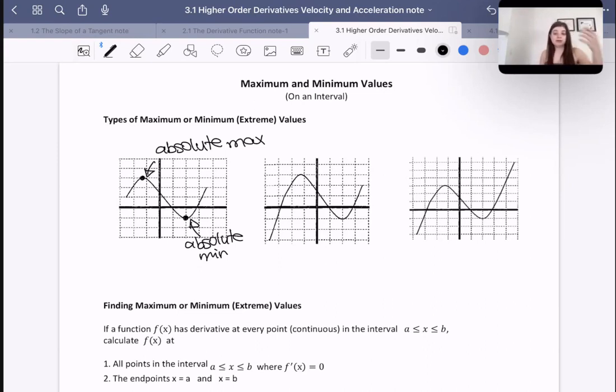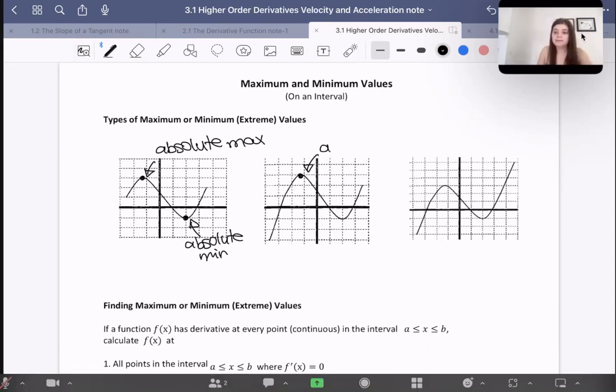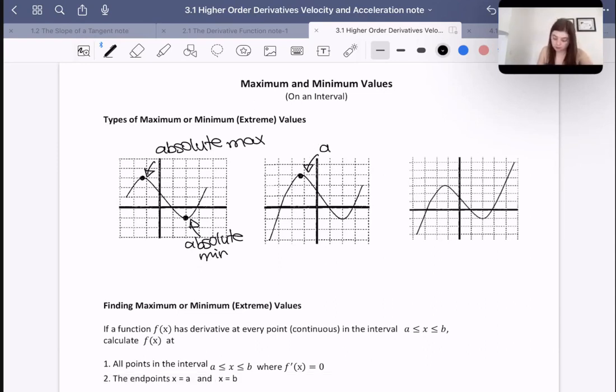Now, let's talk about the second example. Here we still have this point as our absolute maximum, right? That is still the highest point. But this point here is not our absolute minimum anymore. We have an even smaller minimum, which is this point right here. So this is our absolute min.